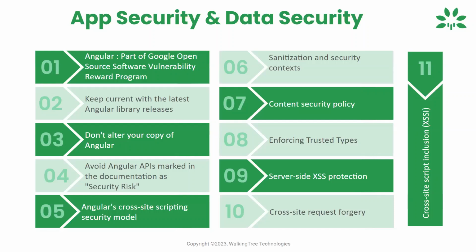Okay, and there is another concept called trusted types, enforcing trusted types. These are backend, web server side configurations where we ask the server to emit these headers as part of the content security policy.